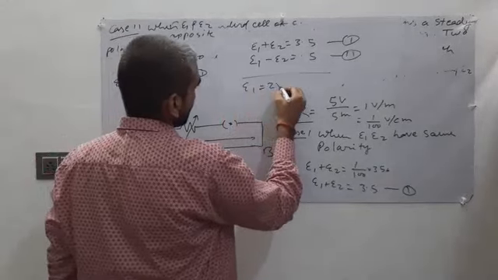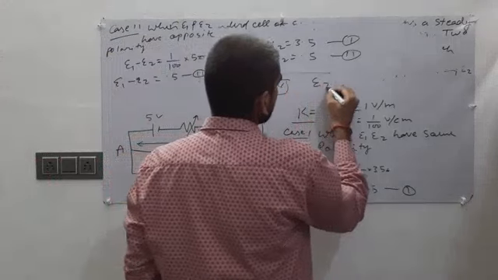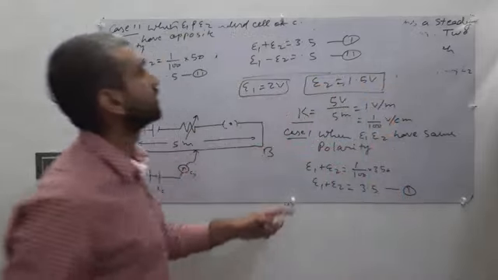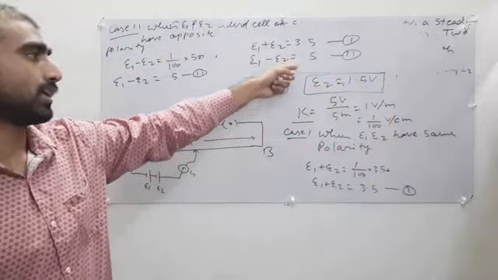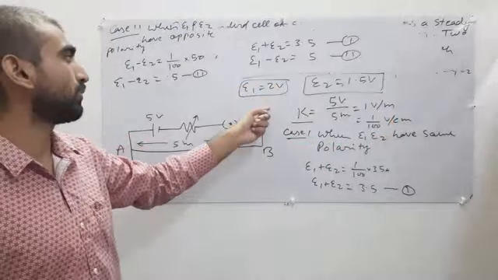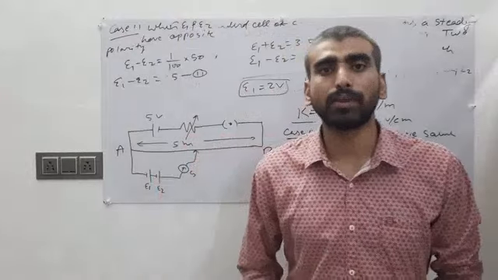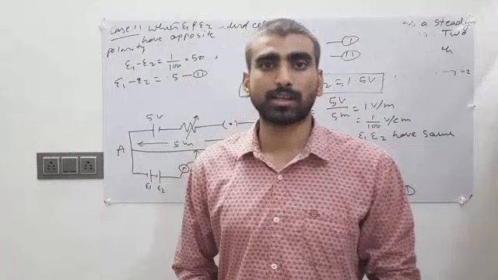E1 will be 2 volt and E2 equals 1.5 volt. You can solve this easily and find the values of E1 and E2. So I hope you understand well. Okay, so today's class is over.